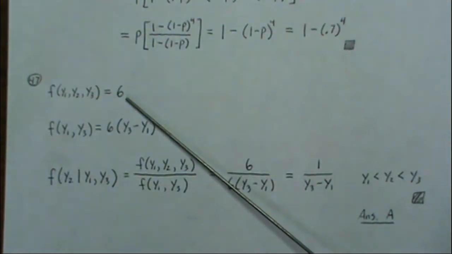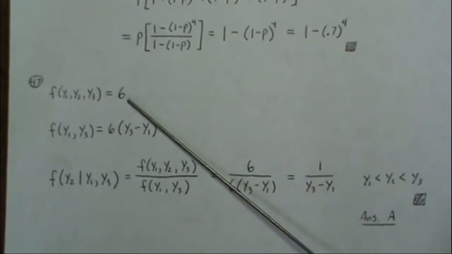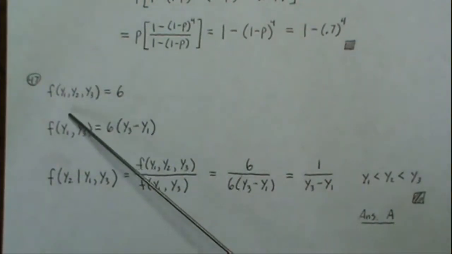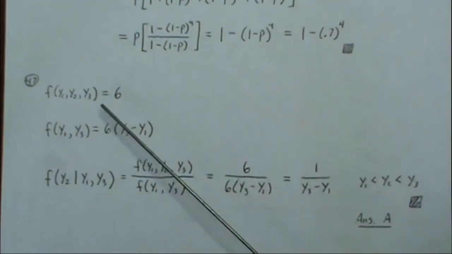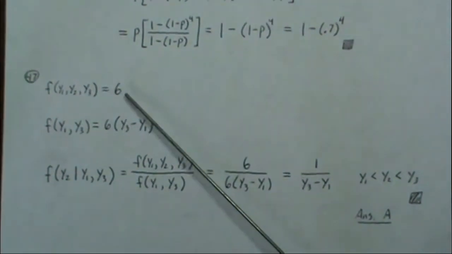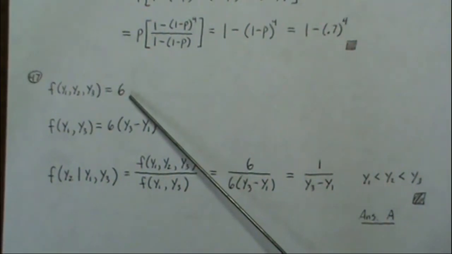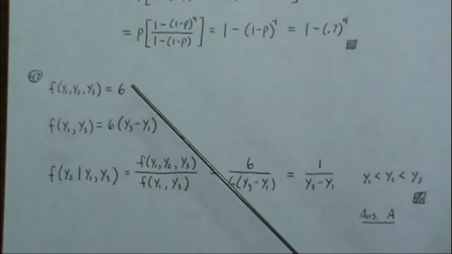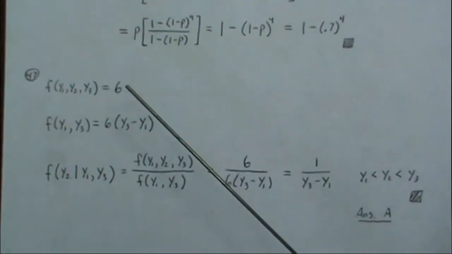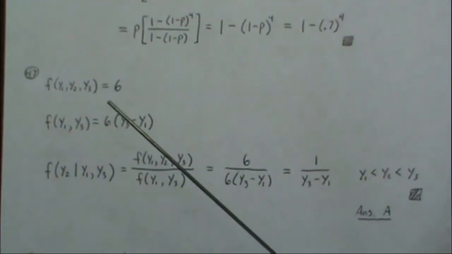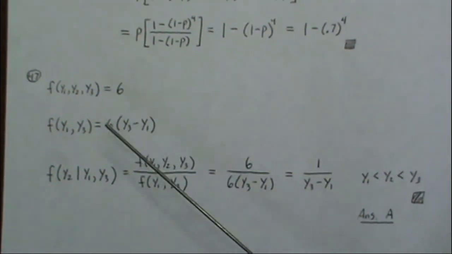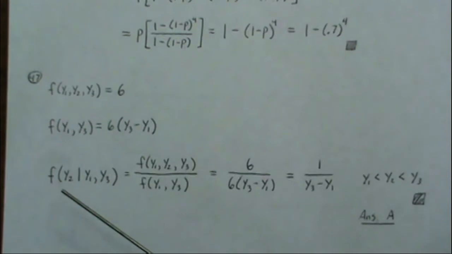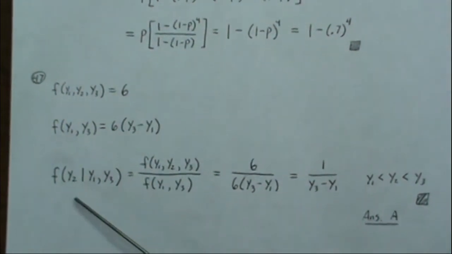And since we only have a sample of 3, the joint distribution of all the order statistics is 6. So this is a uniform distribution. If you condition on a uniform and then find the value, you get a uniform back. So the answer is that it's uniform, under the constraints of the condition.